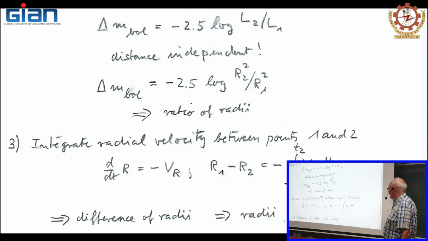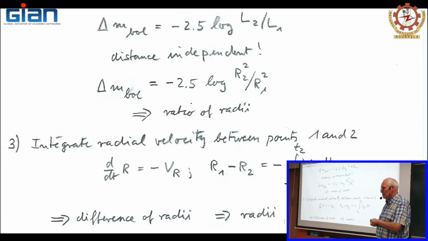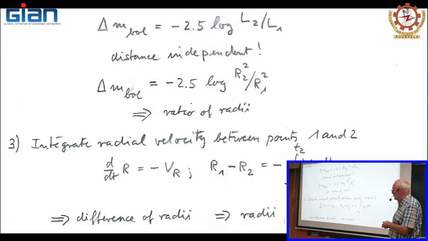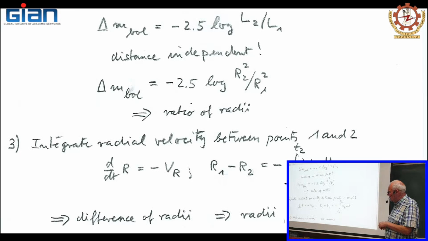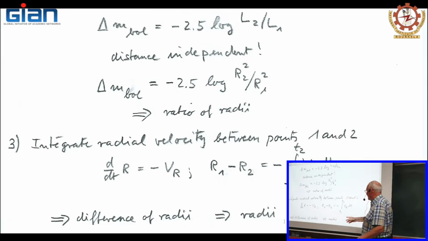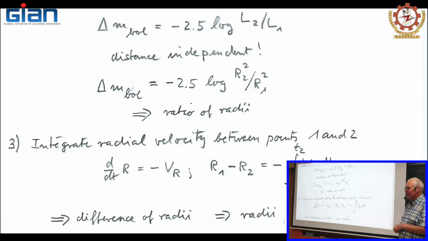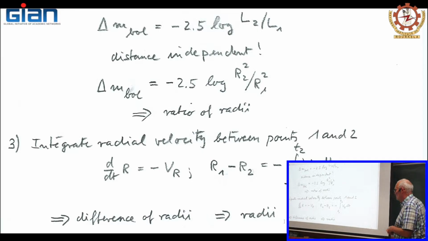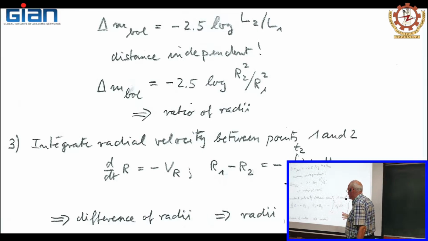And if our Cepheid is close enough to us, and we can measure with the biggest telescopes available, using interferometric methods, the change in angular diameter of our star, then, using the change of angular diameter together with the difference in radii, we can simply determine the radii themselves. In that case, this is also called the Baade-Wesselink method.